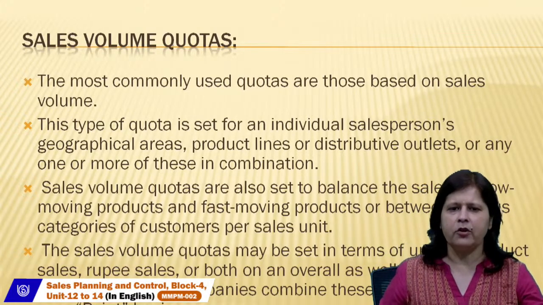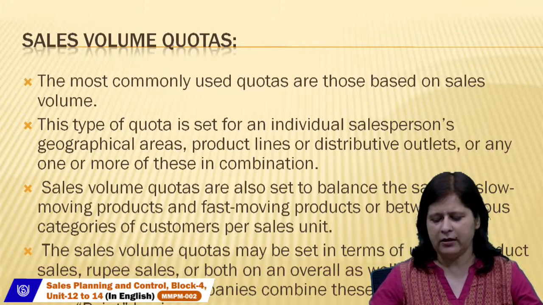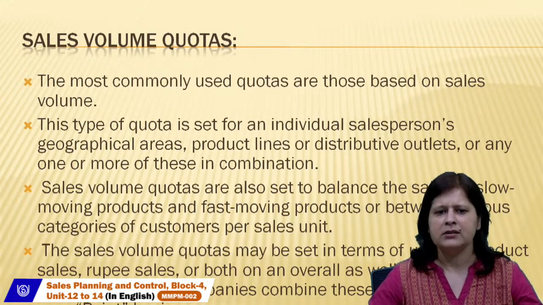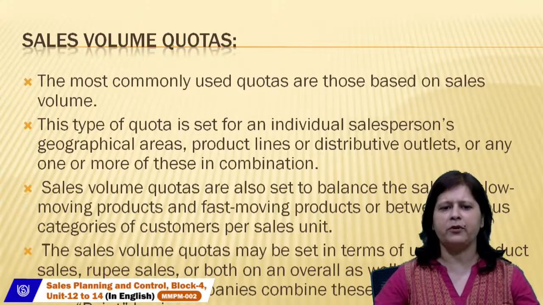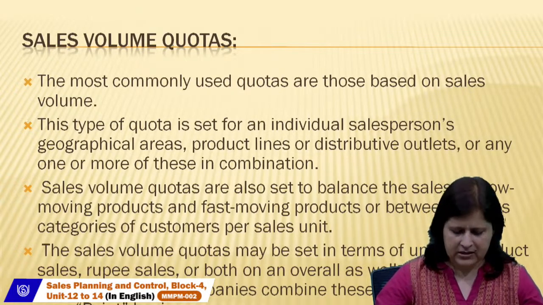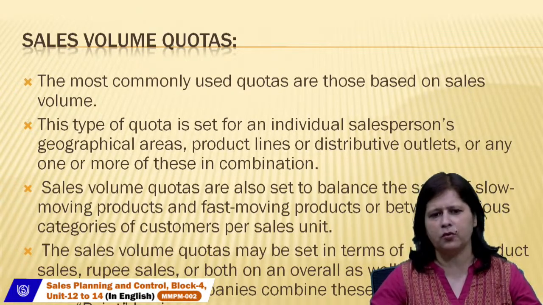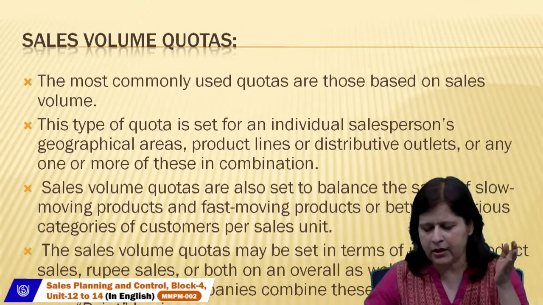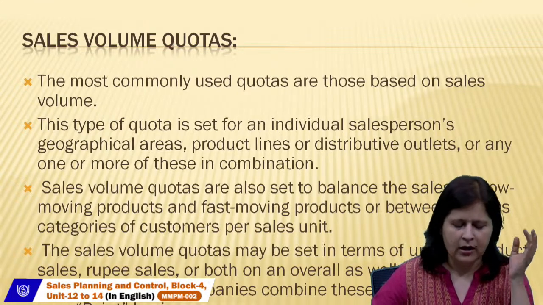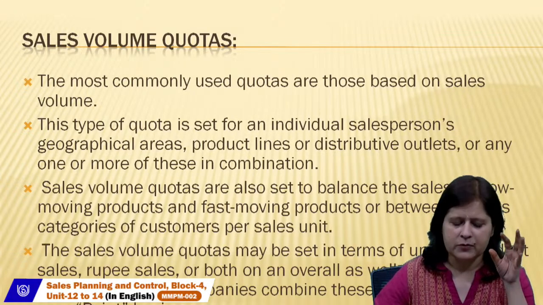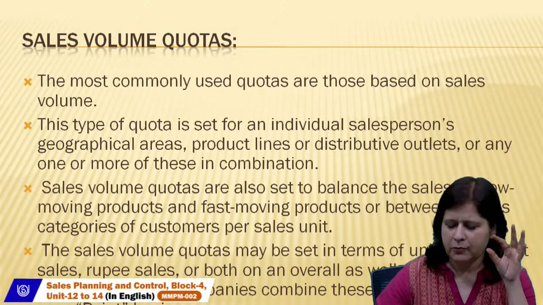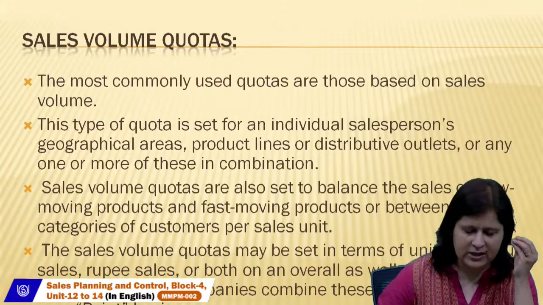The sales unit quota may be set in terms of units of product, sales in rupees, or both, and overall on a product wise basis. Some companies combine these two quotas. So the sales volume quota can be in terms of units of the product, in terms of rupee sales, or both, overall on a product wise basis, right?